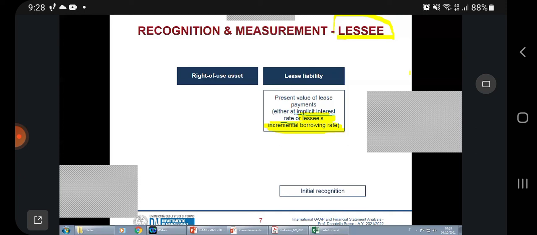Okay? So in a very large group with companies located all over the world, it is not possible to use the same interest rate for all the lease contracts, because on the one hand, there will be an interest rate for contracts denominated in euro. On the other hand, another interest rate for contracts denominated in US dollars.